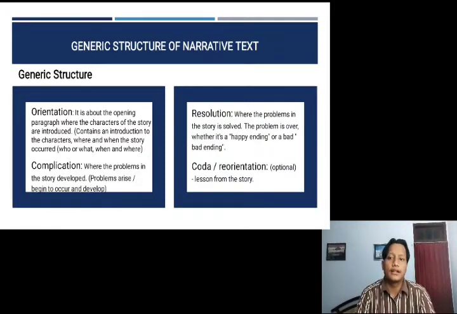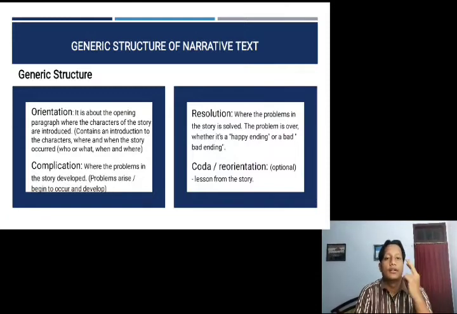It contains an introduction to the characters, and where and when the story occurred. It is the who or what, when, and where.